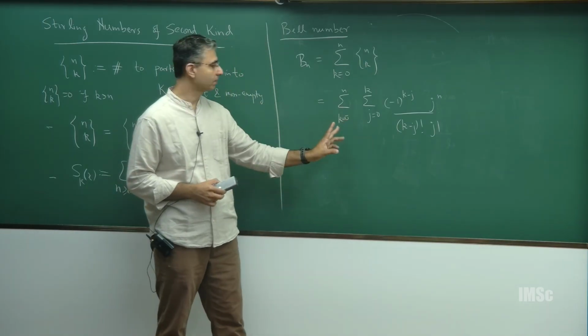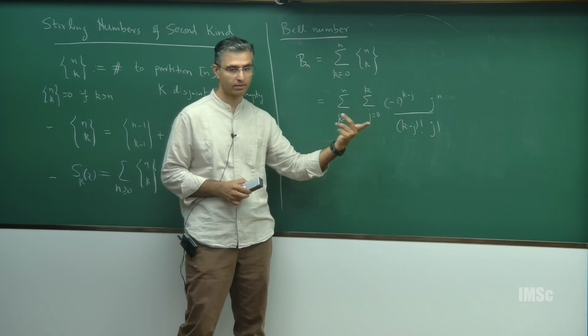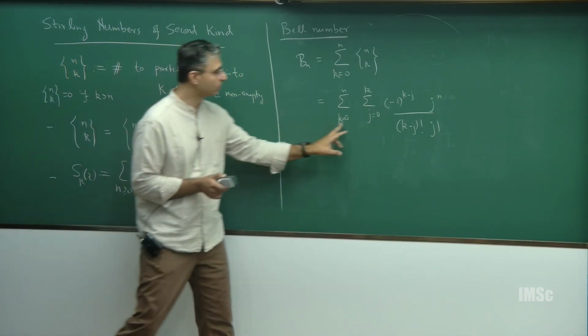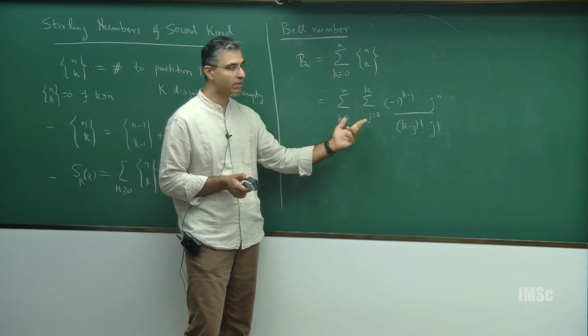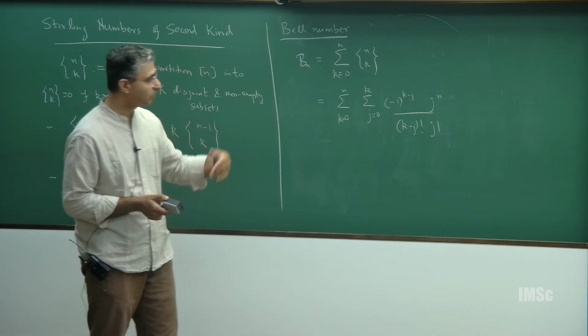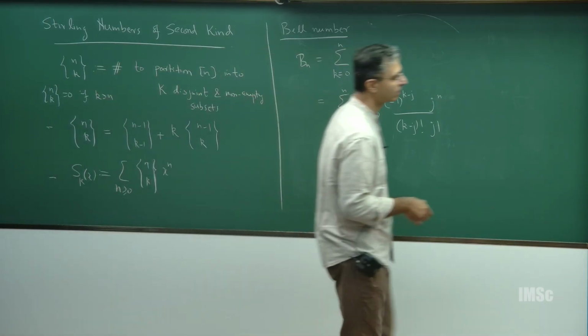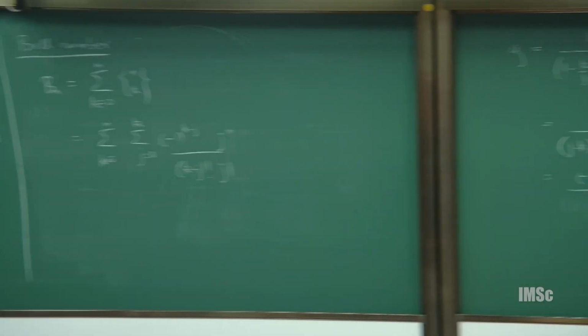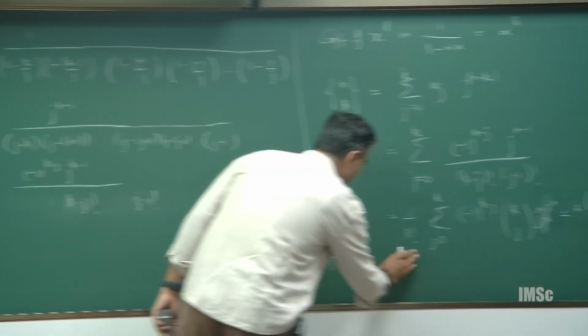So, whenever you have a double summation, what do you want to do? You want to change the indices, so that the same sum has two different ways of writing. You want to switch the indices and simplify the sum. But we want to use this observation that for k greater than n, this is equal to 0.